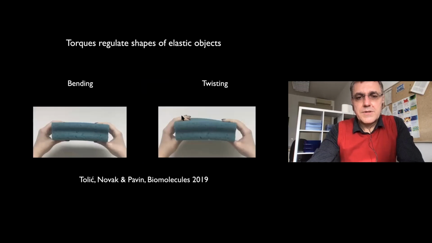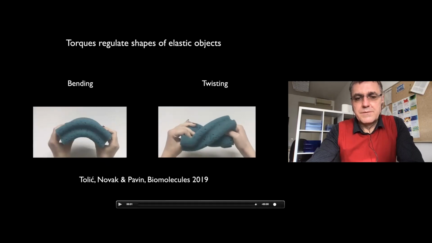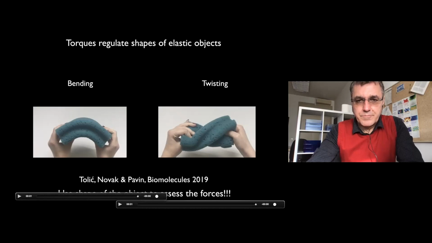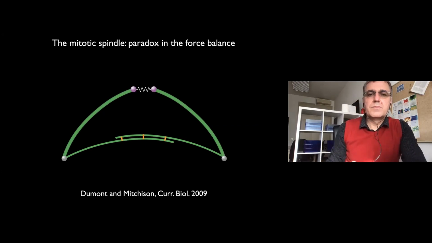And I will now just recall what I was saying before related to the shapes of some elliptic object: based on how these objects deform, we can actually infer something about the forces in these objects. So what we would like to understand is what forces act in these K fibers or in the spindle in general.